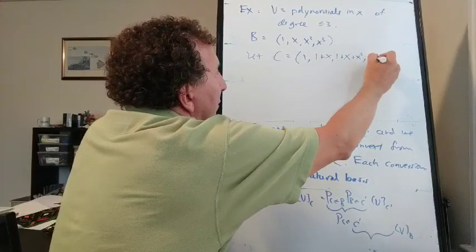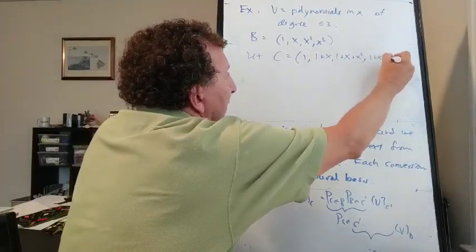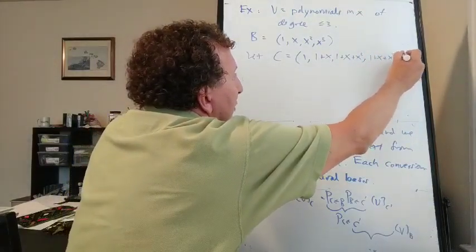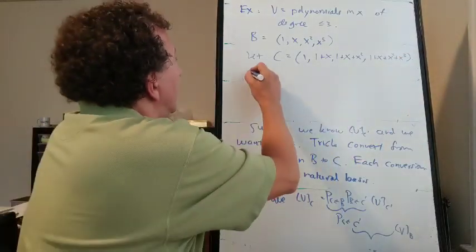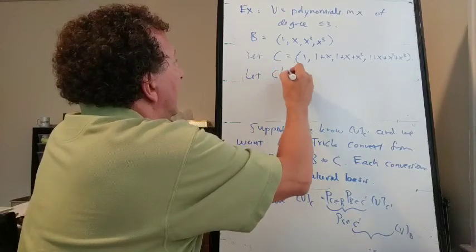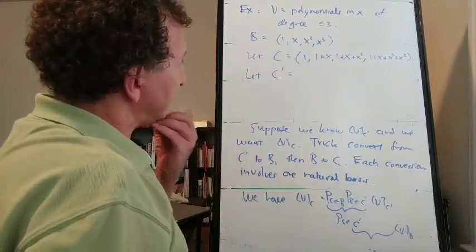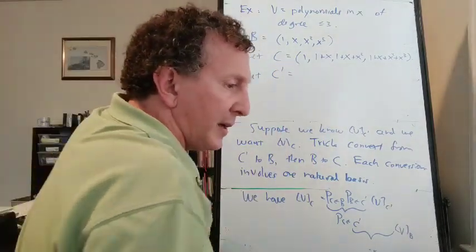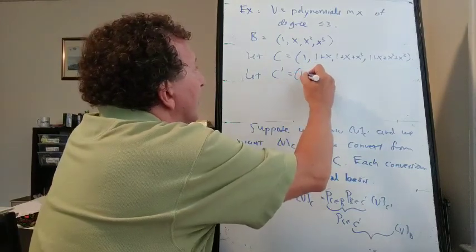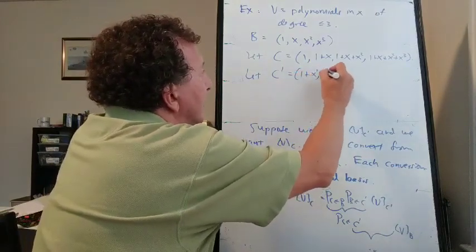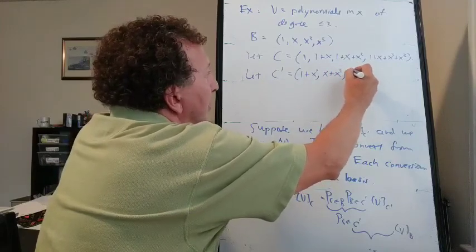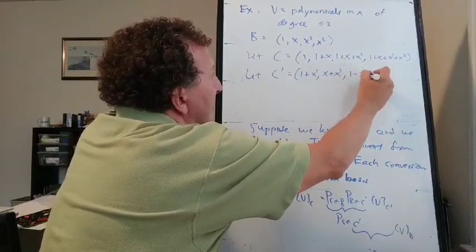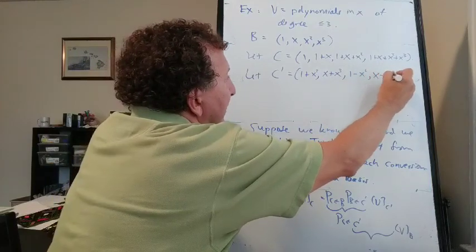The last one is 1 plus x squared plus x cubed. And let C prime be the basis 1 plus x squared, x plus x cubed, 1 minus x squared, and x minus x cubed.